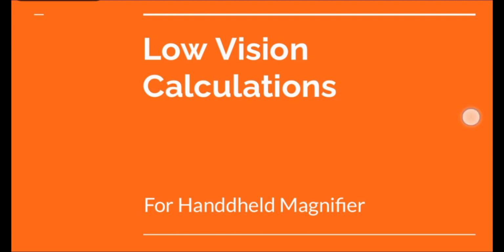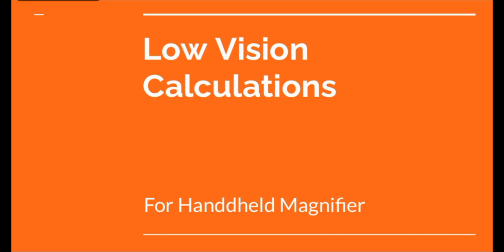In this video we are going to discuss, if you are giving a low vision aid to a low vision patient, which type of magnifier you are giving, and how you can know which power or strength a patient needs for his refraction.